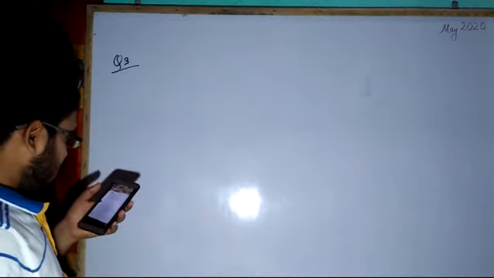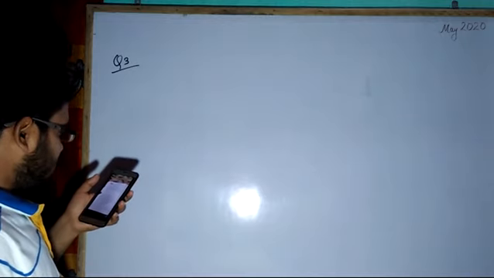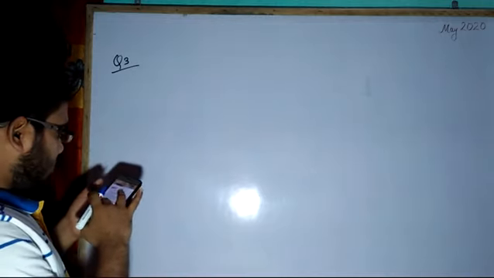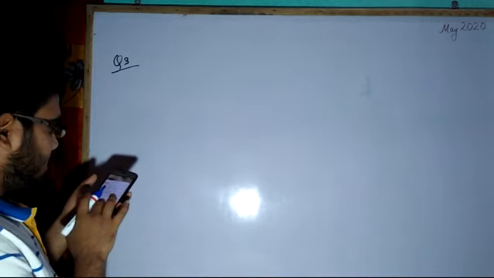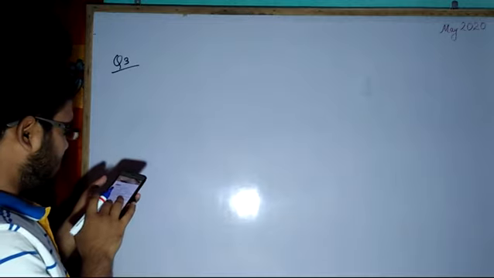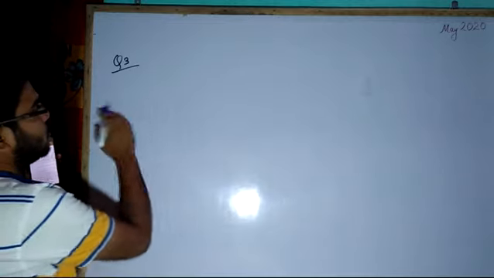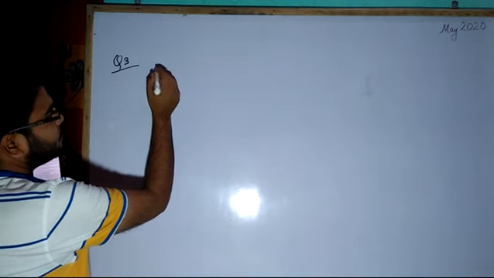Question number 3 says that a man earns rupees 90,000 in a year and spends 75,600 in a year. Find the ratio of his income to his expenditure. Now, what is his income?